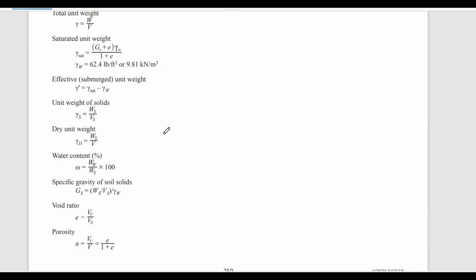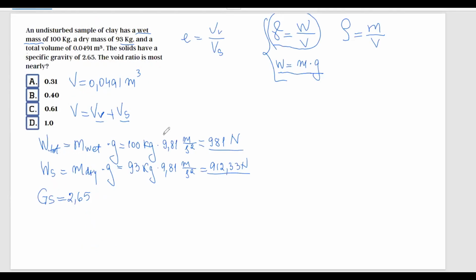So let's write this formula down. Gs is equal to weight of solids divided by volume of solids, divided by gamma water.